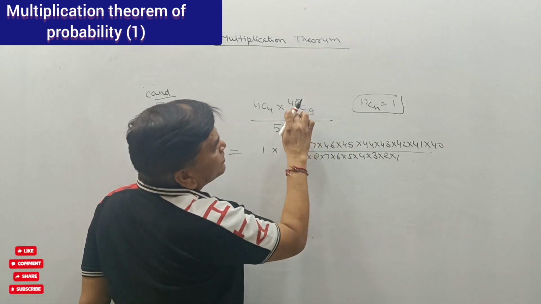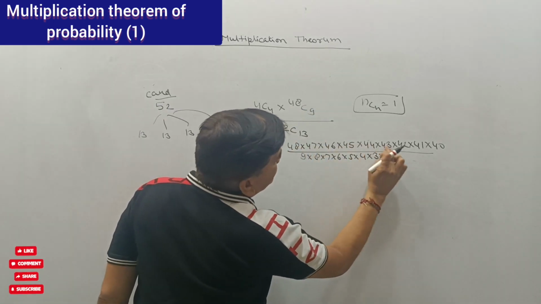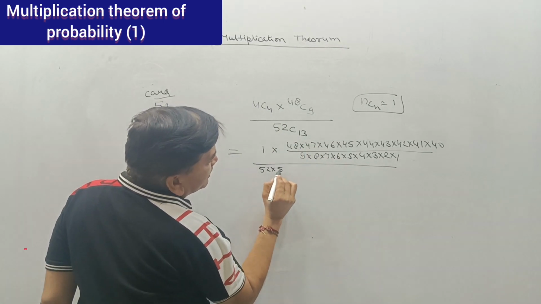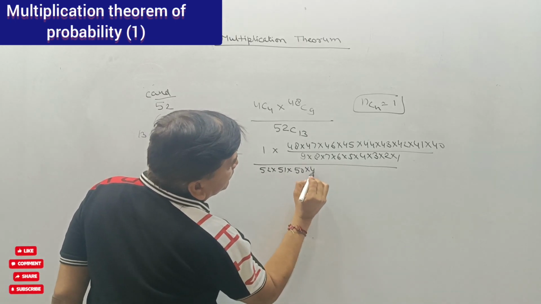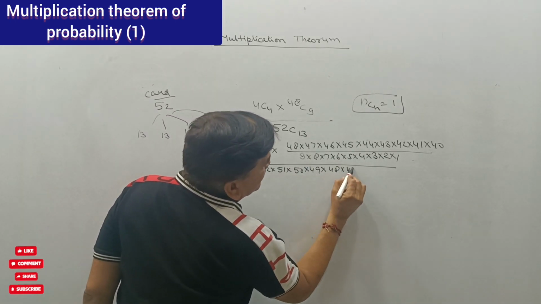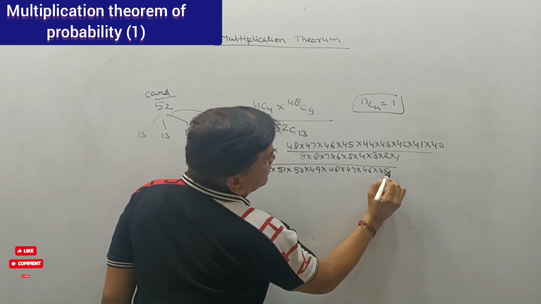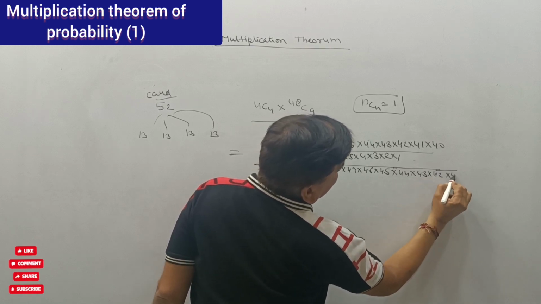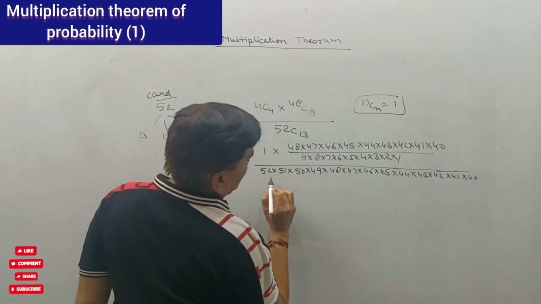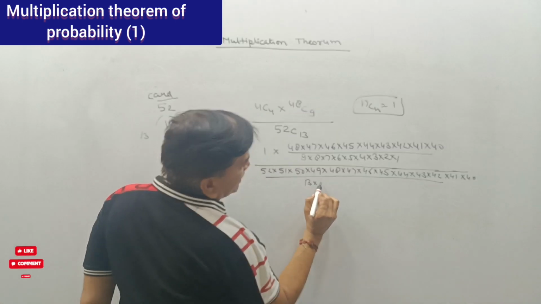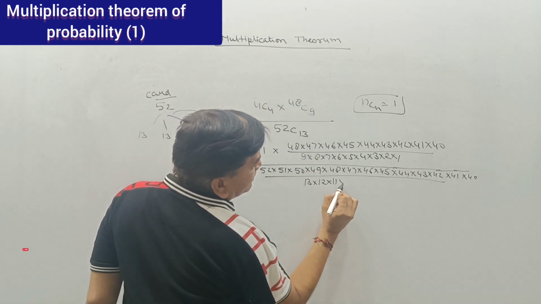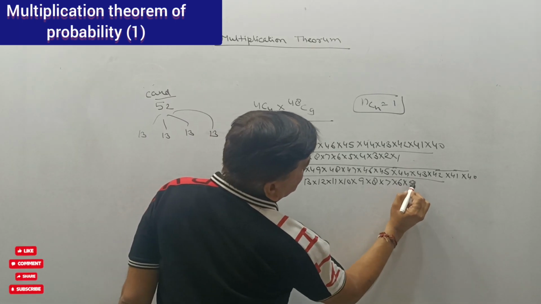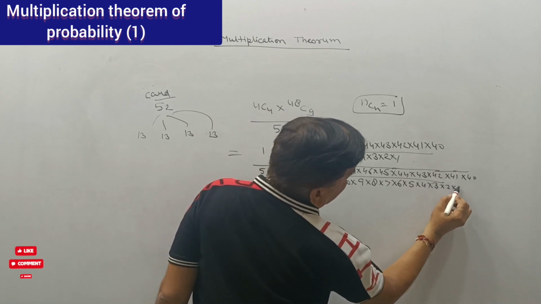Divided by 52C13, which is 52, multiply 51, 50, 49, again 48, 47, 46, 45, 44, 43, 42, 41 and 40, divided by 13, multiply 12, 11, 10, then 9, 8, 7, 6, 5, 4, 3, 2, 1.